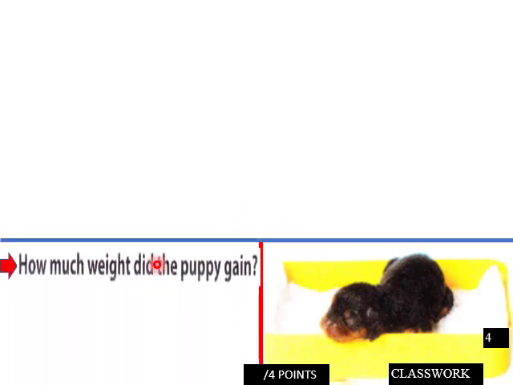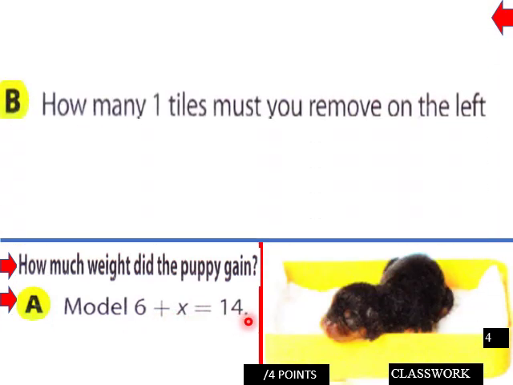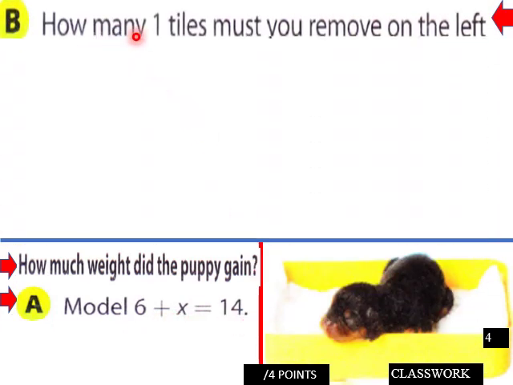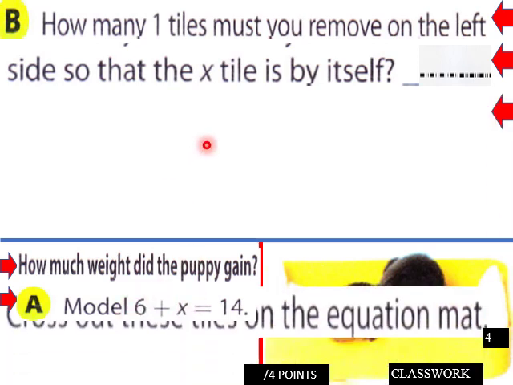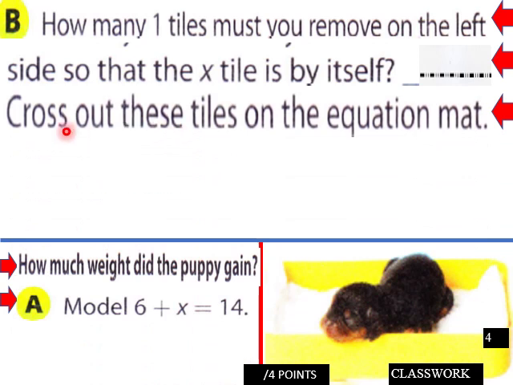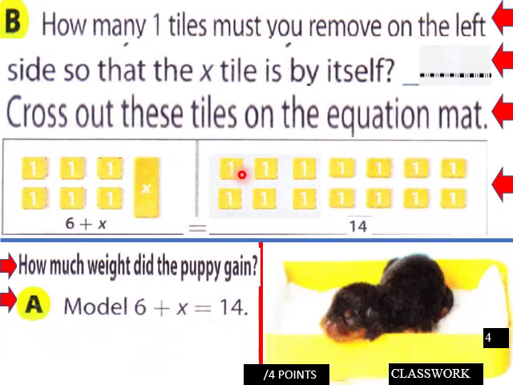Okay, so to continue with that, how much did the puppy gain? And then the model 6 plus x equals 14. So B, how many 1 tiles must you remove on the left side so that the x tile is by itself? So how many did we remove from this side here to just have x? So the answer to that, cross out these tiles on the equation mat.